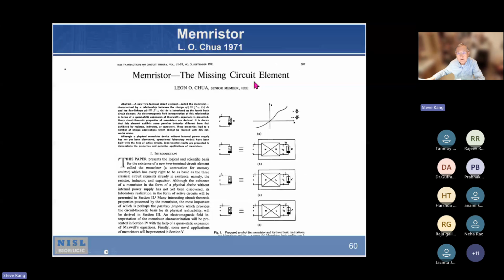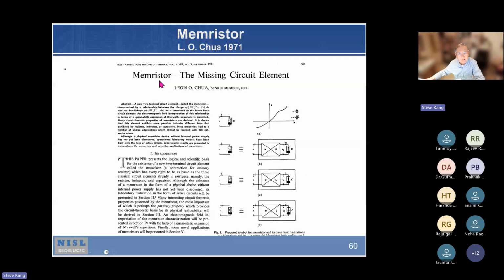As you know, we have a resistor, inductor, capacitor, RLC elements. And in the 1971 paper, Professor Chua said that there is a fourth basic element, namely memristor.